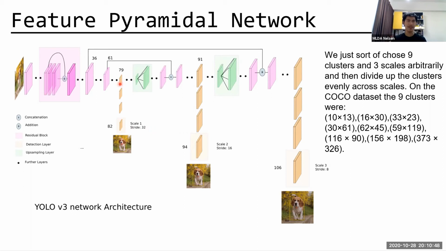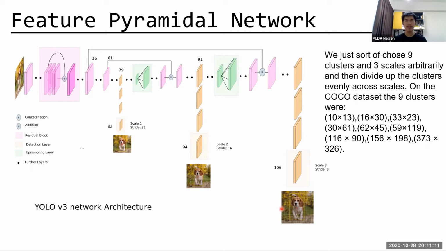When we do downsampling, we can see that the image becomes quite small. Then with the stride of 32, we have a stride of 16, and lastly we also have a stride of 8. So with these 3 different strides, we have 3 different image sizes, which are small, medium, and large.